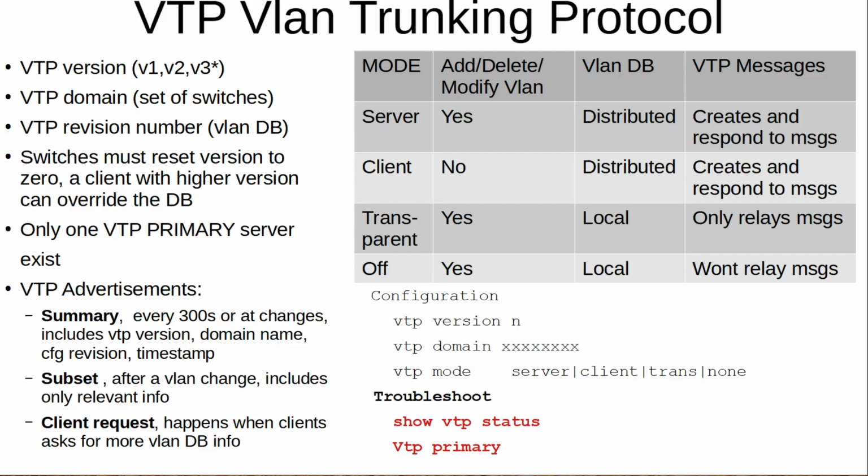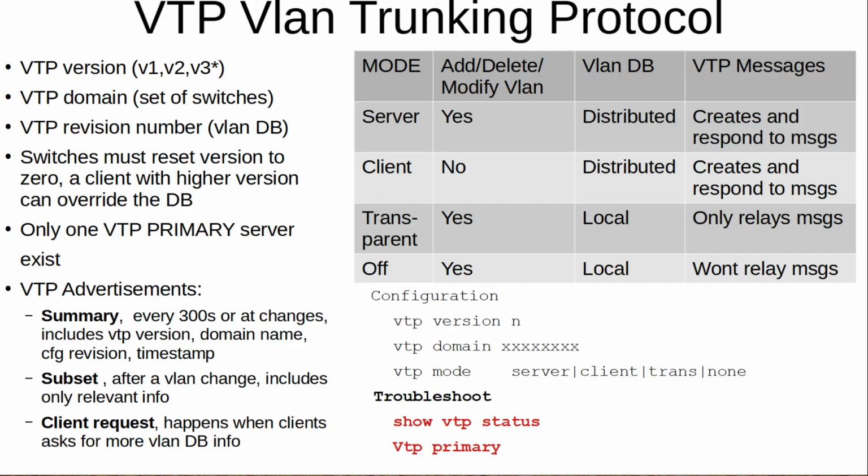You must reset the VLAN database revision to 0, because if you happen to have a client that has the same domain and password as your VTP domain, and that client happens to have a VLAN database with a higher revision than your current working database, that client will override your operating VLAN database and disrupt your network operation, which is bad. VTP can become dangerous. Watch out for that. And remember that if you want to make changes to your database, only one server can do it. That is the VTP primary server.